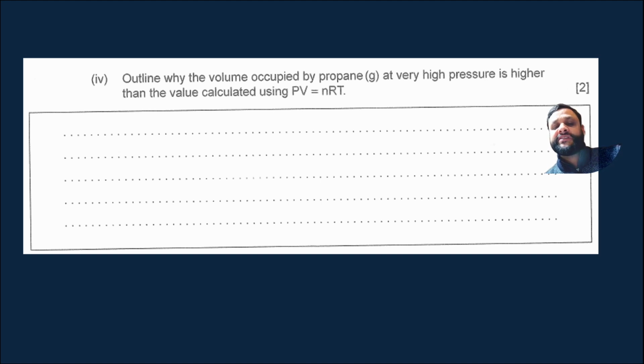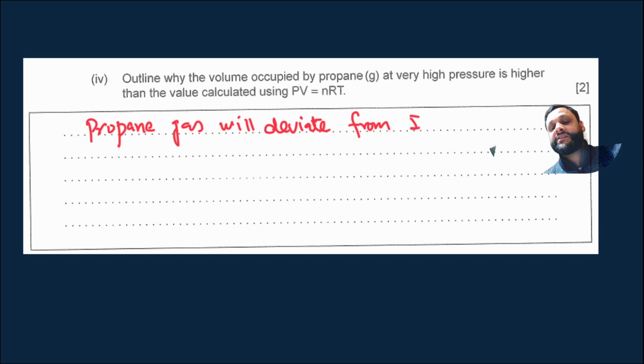4. Outline why the volume occupied by propane gas at very high pressure is higher than the value calculated using PV equals nRT. At high pressure, propane gas will deviate from ideal behavior.